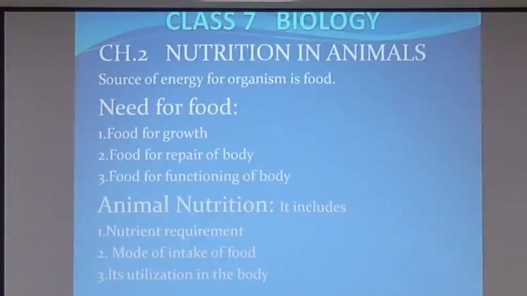Different organisms have different modes of intake of the food. We use our hands to pick the food and then put it in the mouth. Later on, it undergoes a long process called digestion. This digestion results in the breaking down of the food, and finally the components which are formed out of it are used for the various activities of the body.